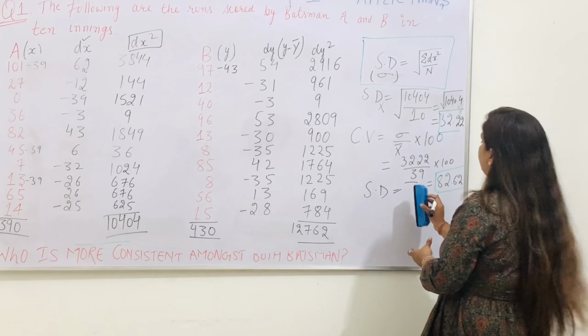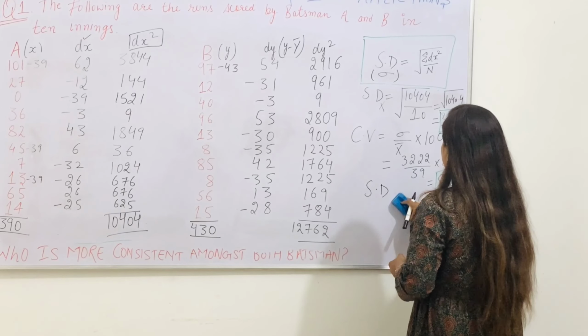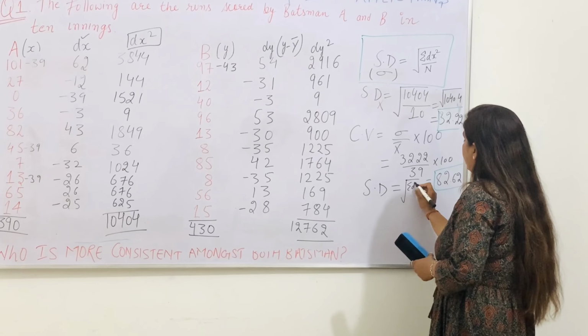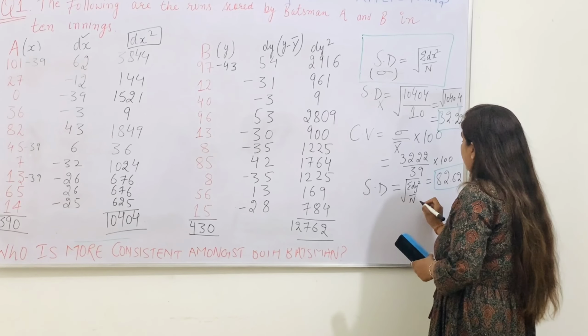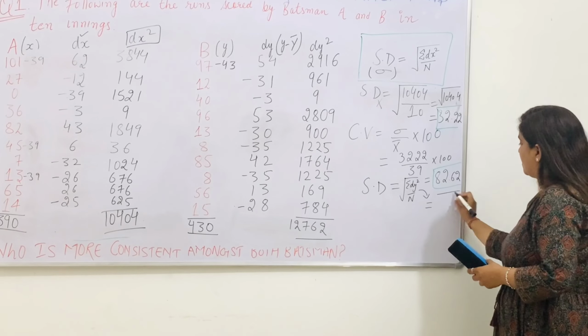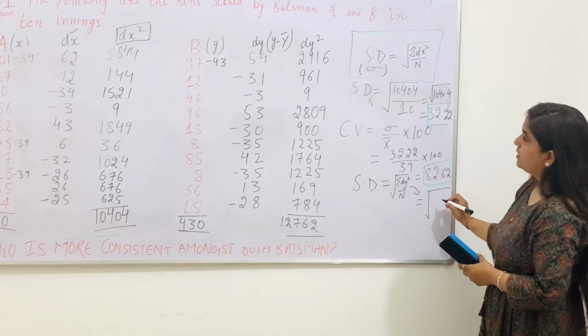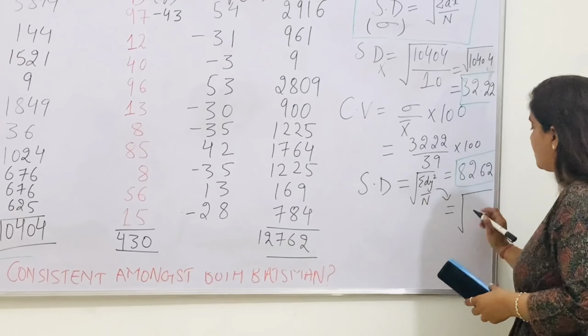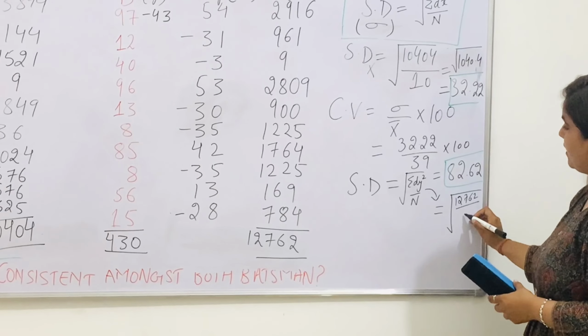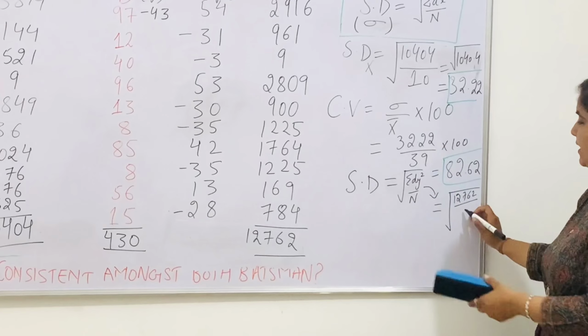The formula will be repeated for standard deviation. Sigma by square over n. We have done the calculation: 12762 upon n, the number of terms, which is 10.